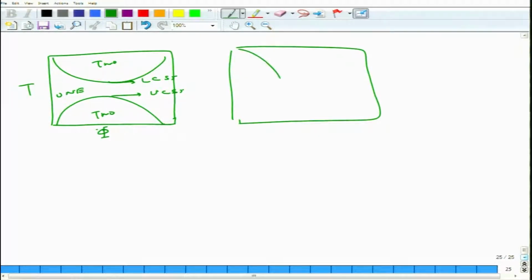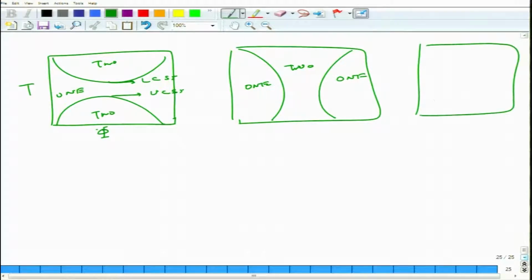The other case where you can have something like this is 2 phase, this is 1 phase, and you can have something like this also, it's closed, this is LCST, this is UCST, 2 phase and this is 1 phase.